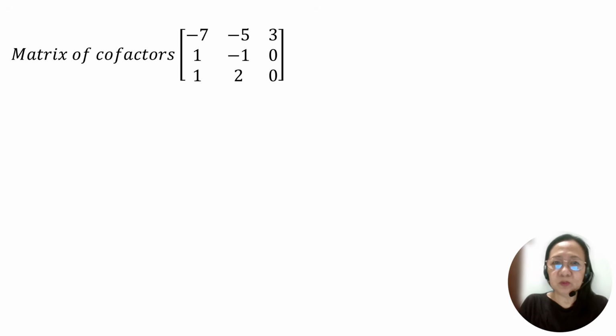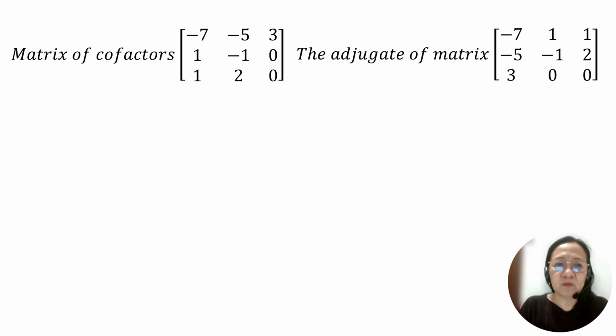Okay, from the previous slides, we will arrive now from this matrix of the cofactors. So we have negative 7, negative 5, 3, 1, negative 1, 0, and 1, 2, 0. So we have to proceed to our next step, which is the adjugate of our matrix by getting now its transpose.